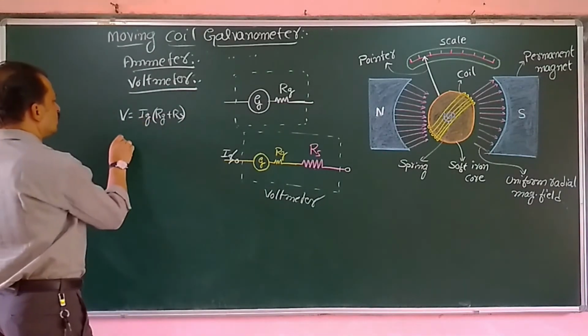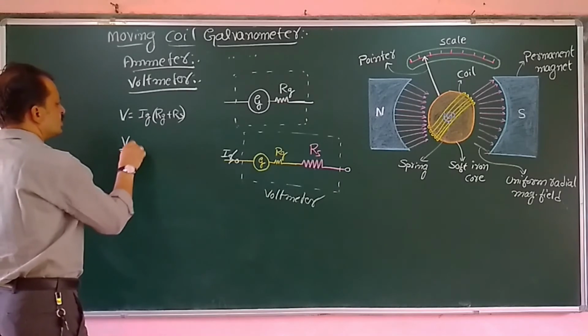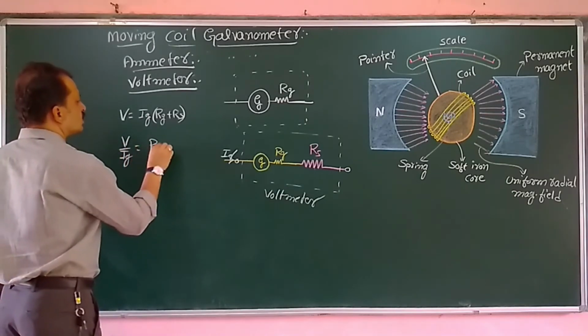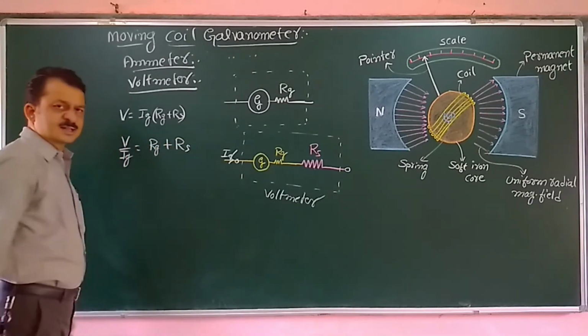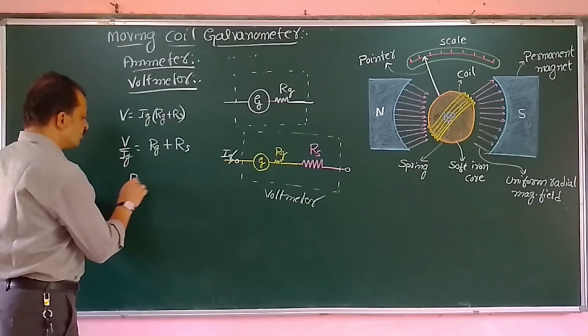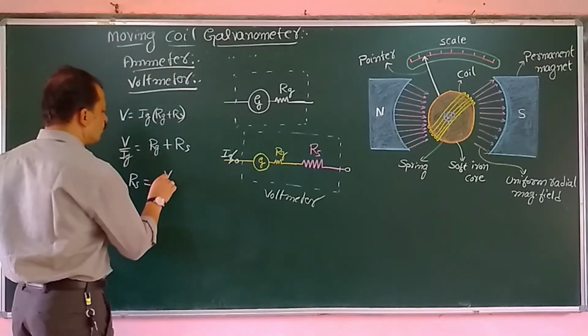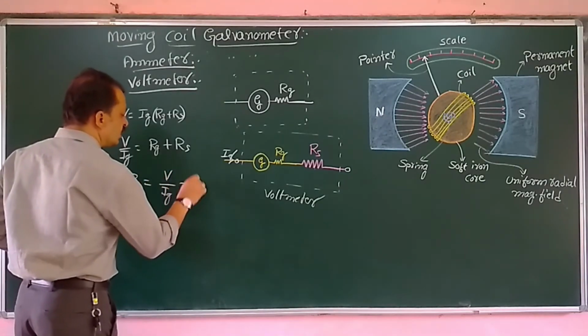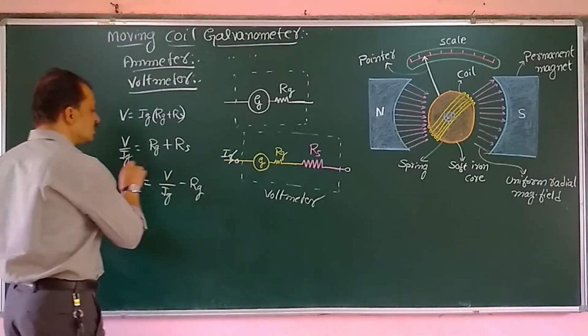So V by Ig is equal to Rg plus Rs. We need the series high resistance, therefore Rs is equal to V by Ig minus Rg.